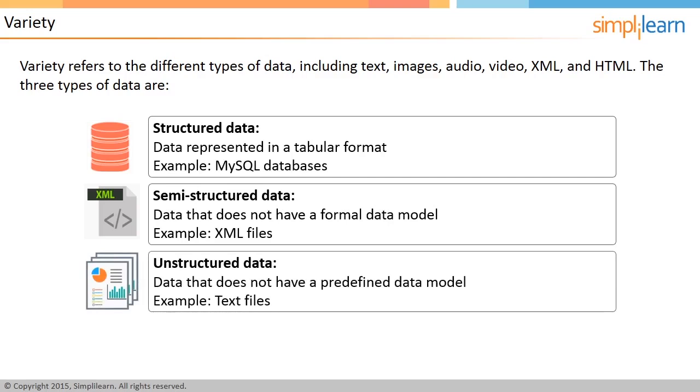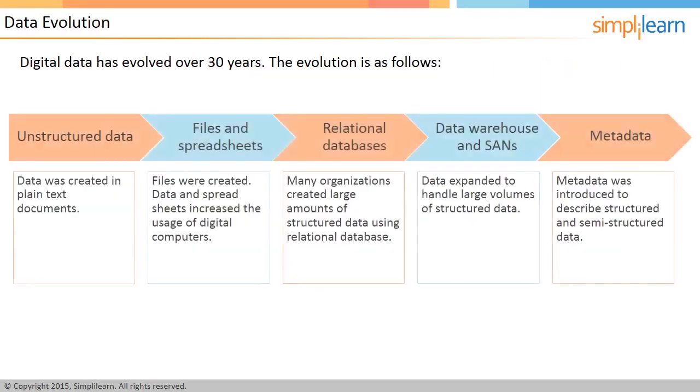For example, text files. Digital data has evolved over 30 years, starting with unstructured data. Initially, the data was created as plain text documents. Next, files were created, and data and spreadsheets increased the usage of digital computers.